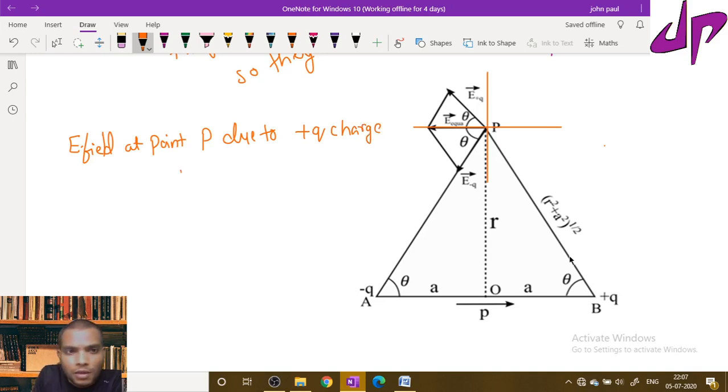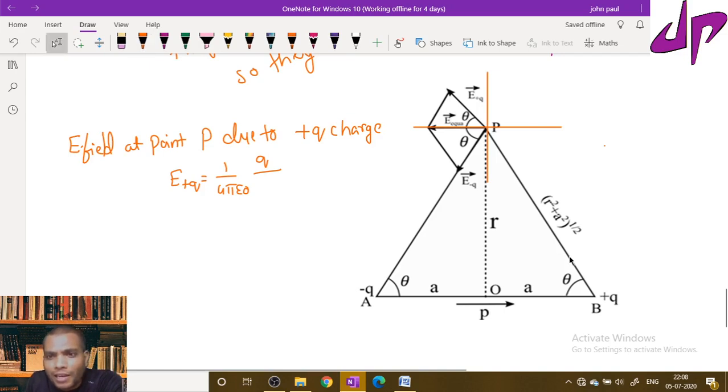What is the electric field formula? Electric field E due to plus q charge equals 1 over 4 pi epsilon naught times charge q upon the distance squared, from the point where we are calculating the electric field to the source charge. If r is the distance to the equatorial point we have chosen, and a is half of the dipole length, then using this right triangle we can calculate the distance from point P to charge q by applying the Pythagoras theorem.